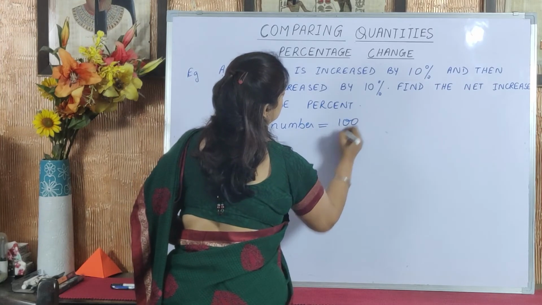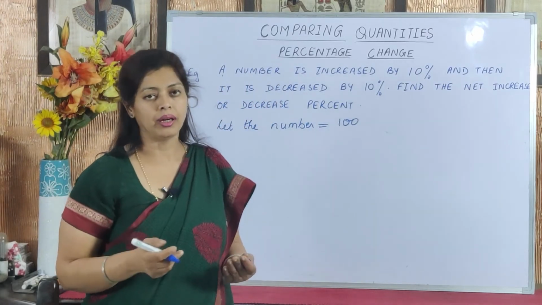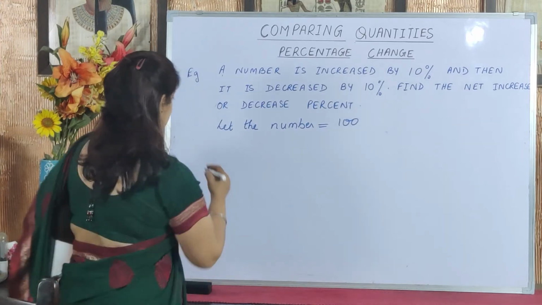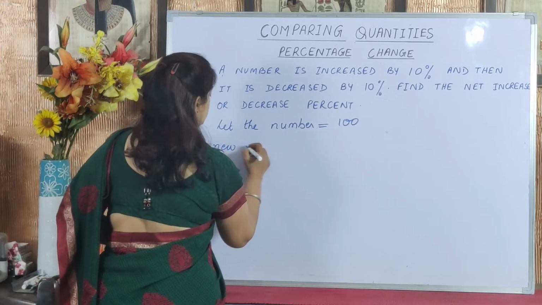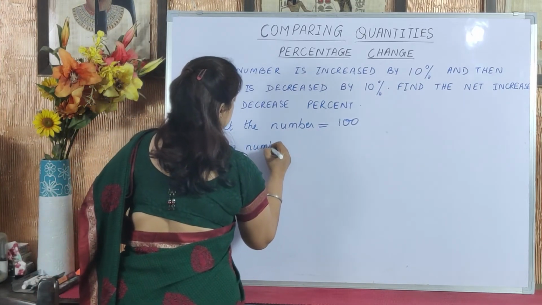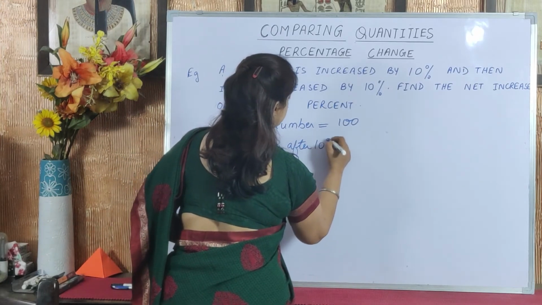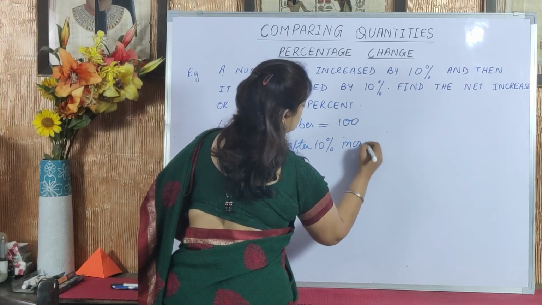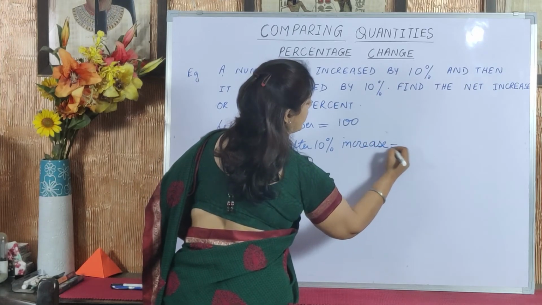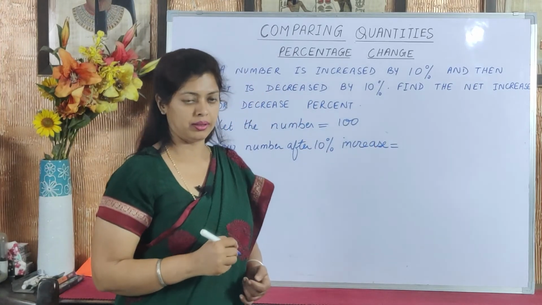So let the number be equal to 100. Now the new number after the 10% increase. We can directly find the new number.